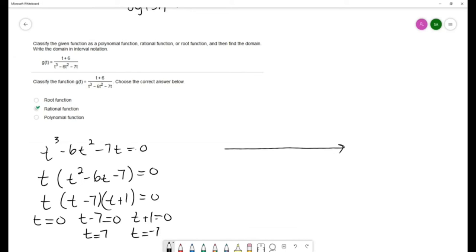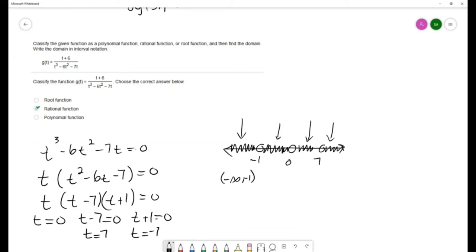So I'm going to draw a number line. And I want to exclude a negative 1, a 0, and a 7. But I'm going to include everything else on the number line, so I'm shading everything else. Each one of these sections needs to be written in interval notation. So the first section starts at negative infinity and stops when we get to that open circle that I've drawn, that value that we're going to exclude.